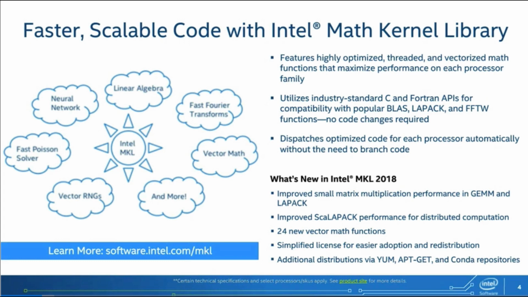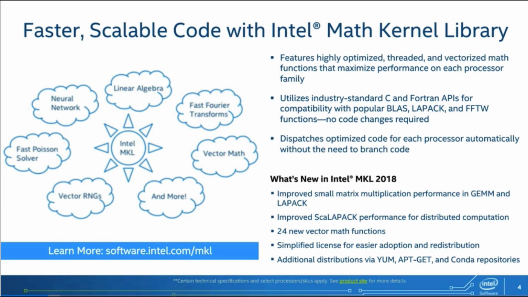It utilizes C and Fortran APIs with compatibility with a lot of older scientific computing libraries where you don't even have to do code changes if you're already calling on those libraries. It would just be a matter of swapping out the dependency, like for example, blas.h, you would use mkl_blas.h, and then it contains all these new hand-tuned optimizations that you can call on.